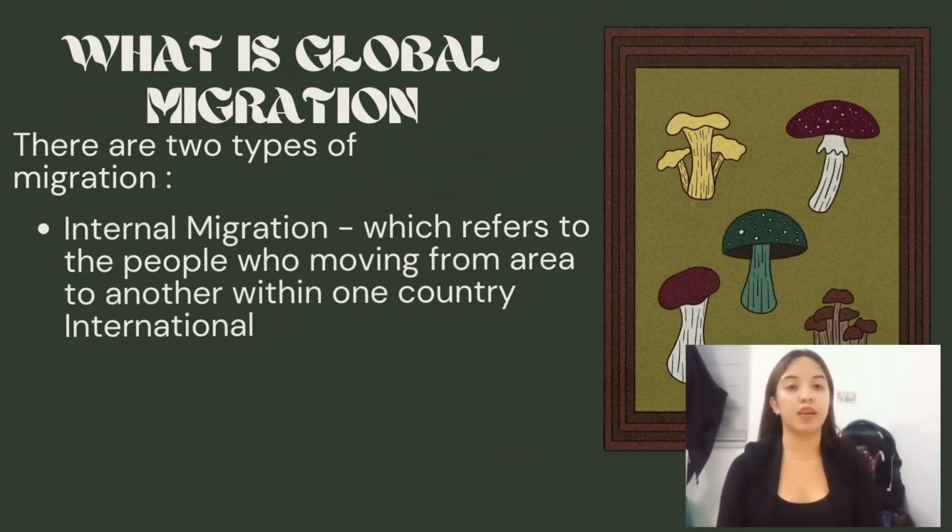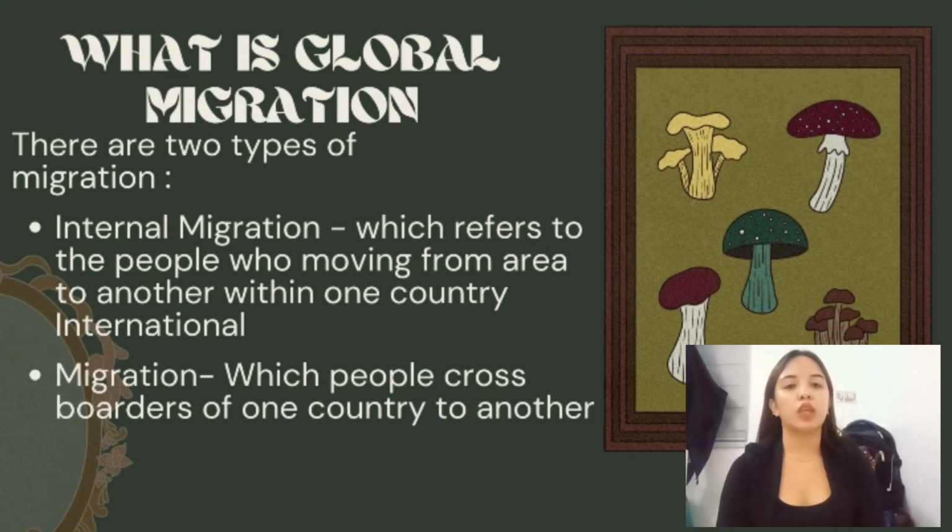So, what is migration? There are two types of migration. Internal migration refers to people moving from one area to another within one country. For example, you live in Manila, and then you move to Davao.